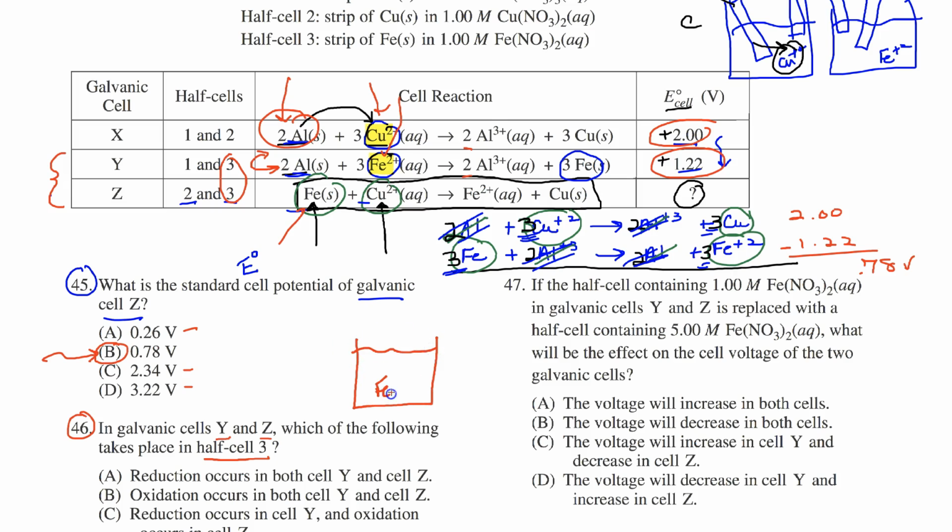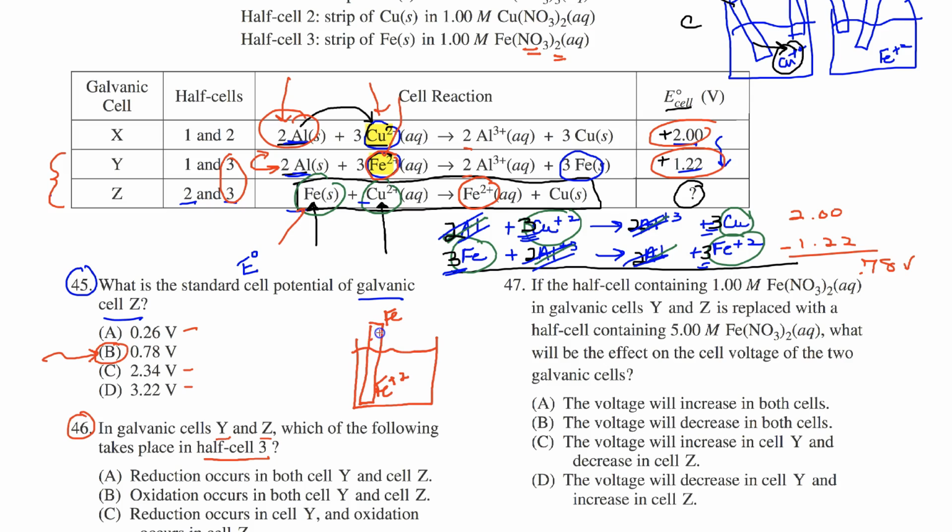iron plus 2. Why plus 2? Because if it's hooked up with a nitrate, nitrates are always soluble, and because each nitrate is -1, there are 2 of them. We have iron plus 2, which is, again, if you didn't have to know that, it's written right there anyway. And then we're sitting in a metal of iron.